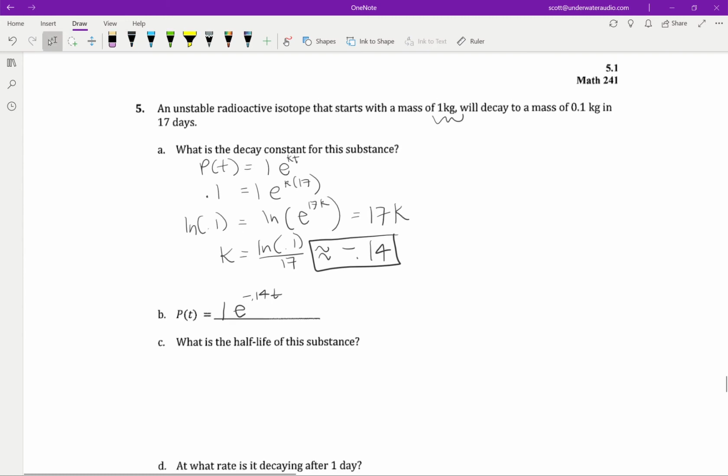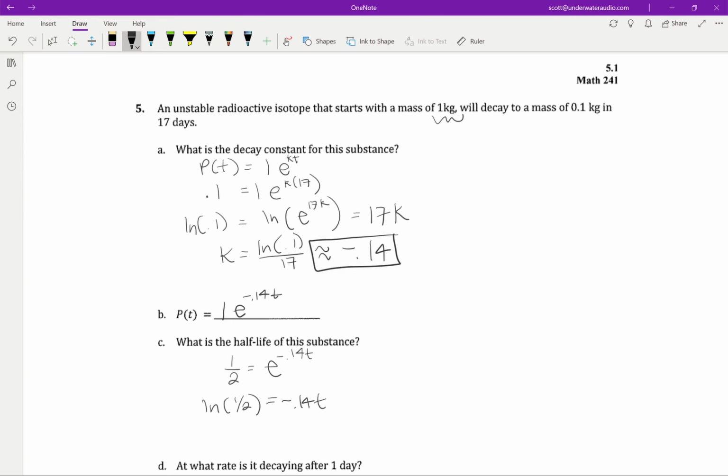Pretty cool. What is the half-life of this substance? So originally I have 1 kilogram. Half of that is a half of a kilogram. Take the natural log of both sides because I'm trying to solve for t. So the natural log of e to the negative 0.14 t is just negative 0.14 t.